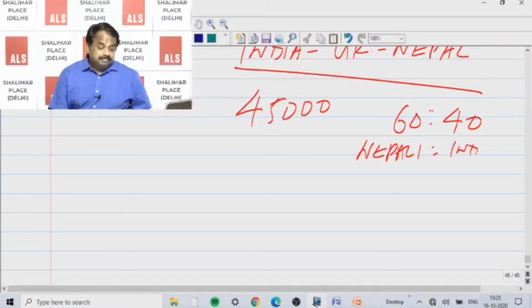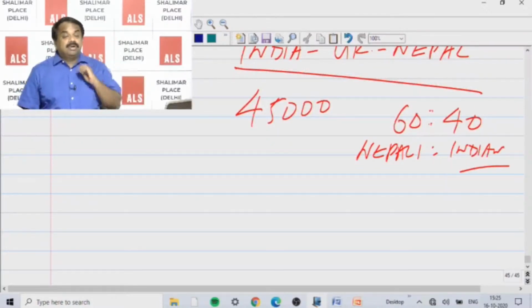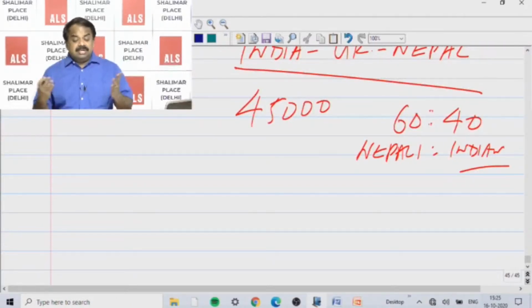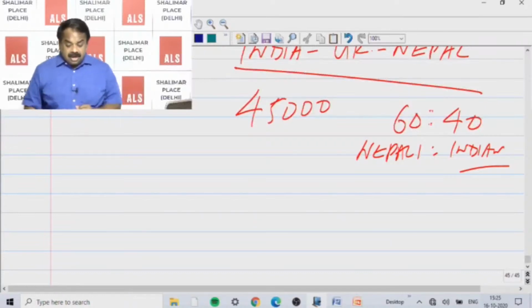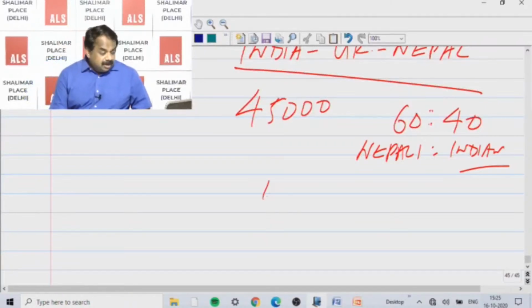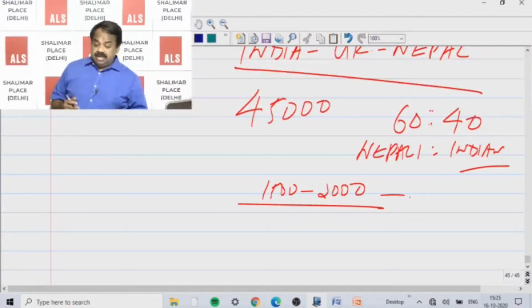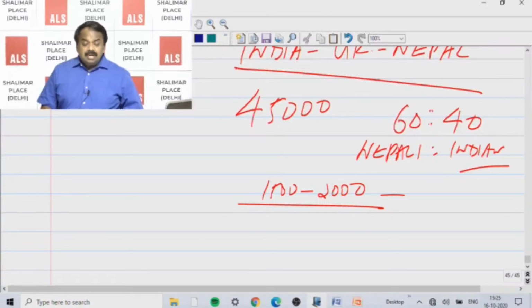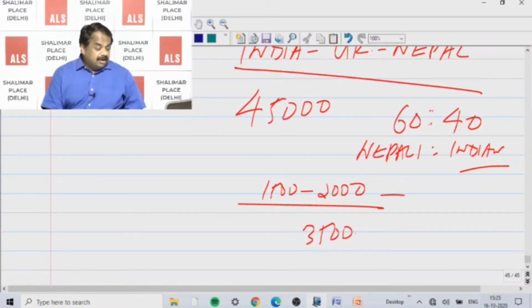That is why we are talking about around 32,000 Nepalis. Roughly 1,500 to 2,000 Gurkhas are recruited every year. And in the British Army also, even today, they have a 3,500 Gurkha regiment.